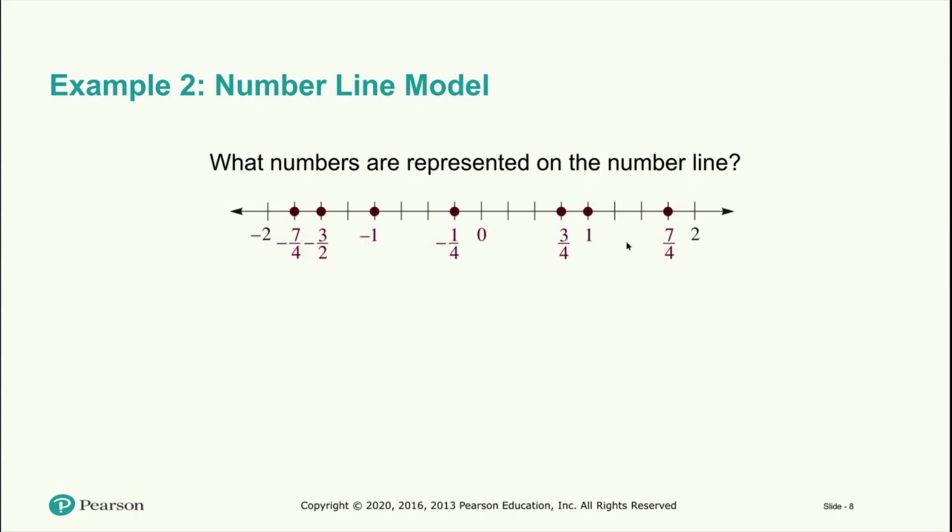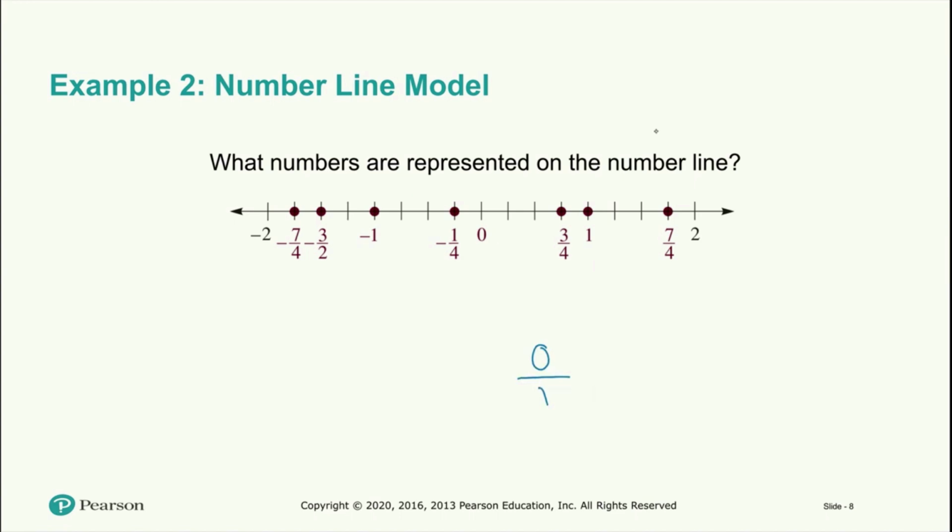Here we've represented these numbers that you see written in red on a number line. So here we have, for example, -1, -3/2, -7/4, -1/4, 0. Of course, notice you can also write 0 as 0/1, right? So that's also considered to be a fraction.